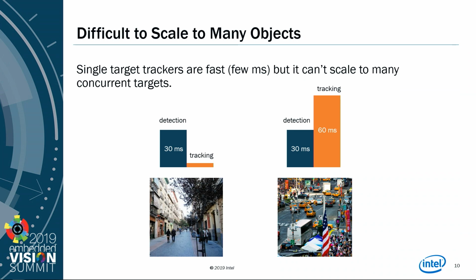But if your target application is something like the right side, the tracker performance becomes one of the bottlenecks of the system design because there are too many concurrent objects. Keep updating the state transition for each object consumes too much time, so it's not scalable to scenes like this. So we need another solution.